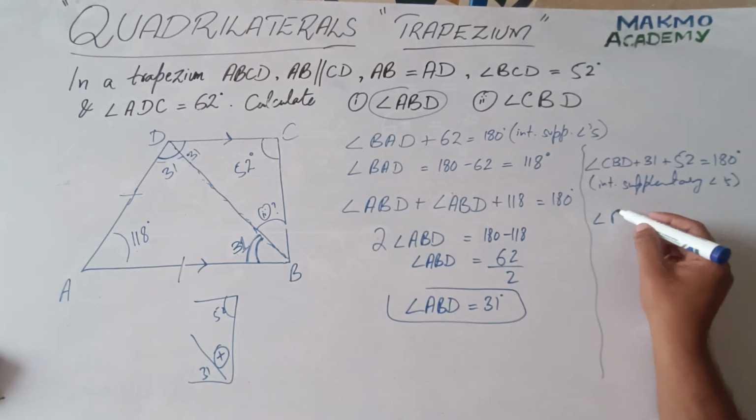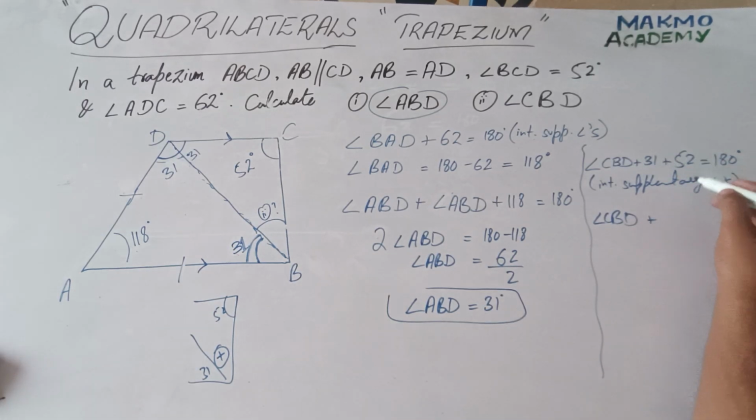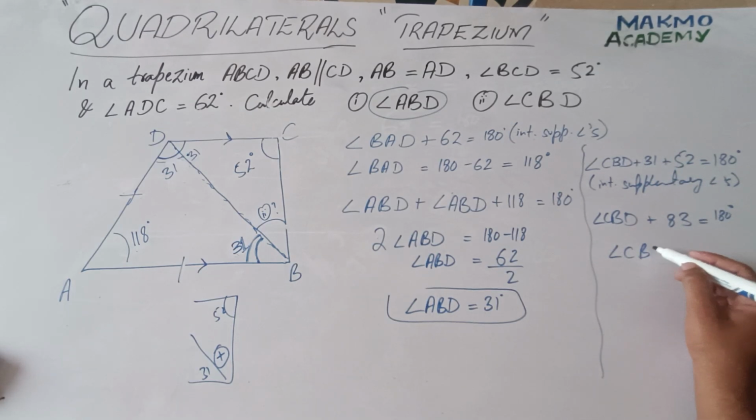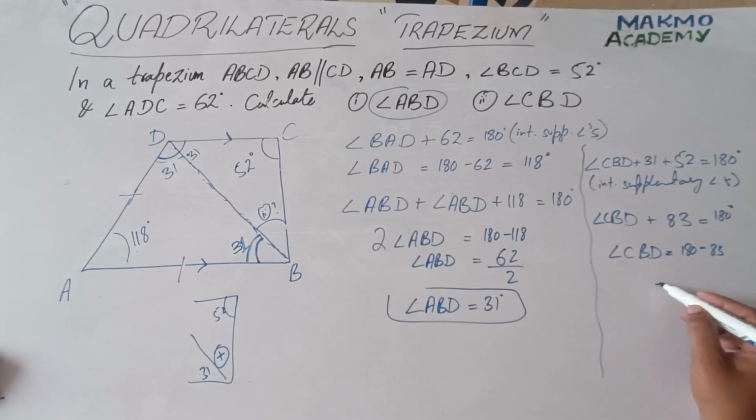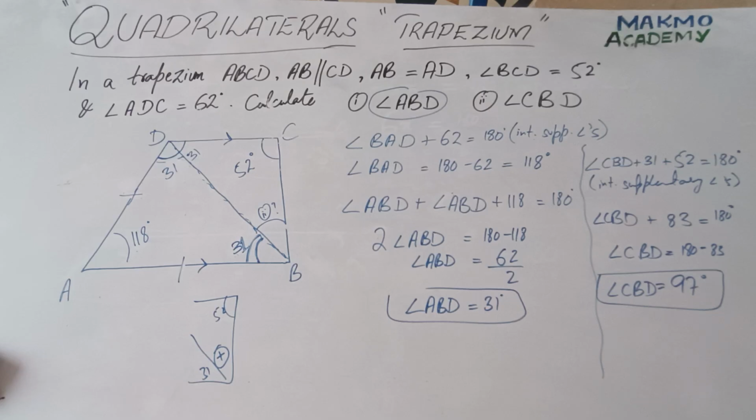So now angle CBD plus, 2 plus 1 is 3, 5 plus 3 is 8. So angle CBD is equal to 180 minus 83. So this would give us 97. So the size of angle CBD is equal to 97 degrees.